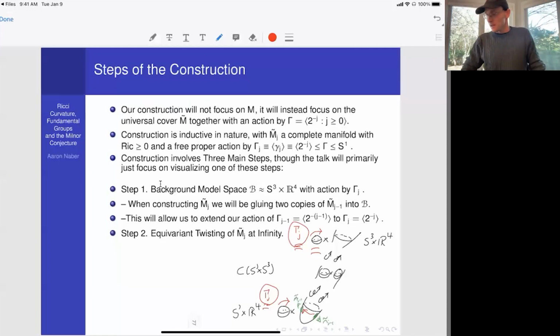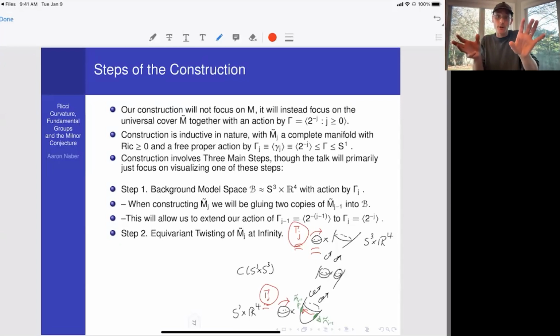Okay. So now let me mention the subtle headache that's floating in the background here. These actions we'll write explicitly, but they're not complicated. S3 has a natural S1 Hopf action on it where you can rotate.